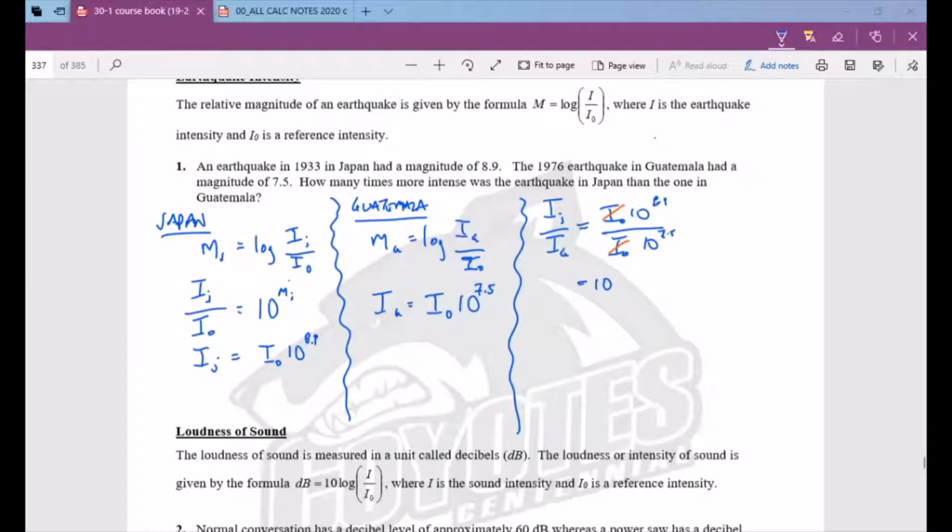So we're able to subtract those exponents because we're dividing, and this ends up being equal to 10 to the 1.4.